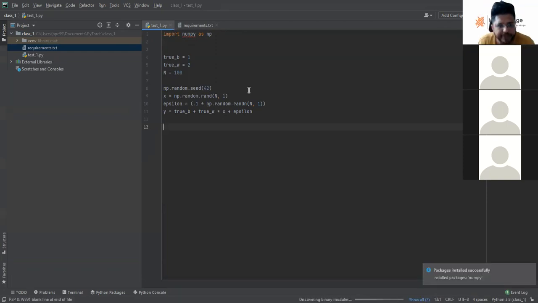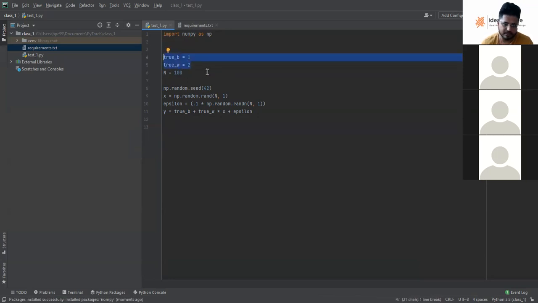Here I am generating data for my linear regression. Synthetic data, so this data is my own data. Can I generate my synthetic data without a B and W? I cannot, right? Because the equation y is equal to b plus wx plus epsilon has the two variables b and w.